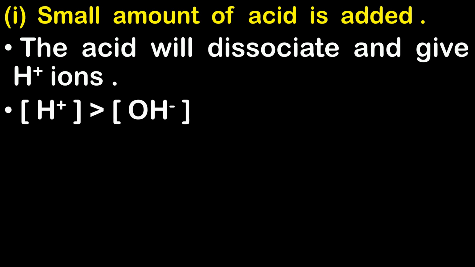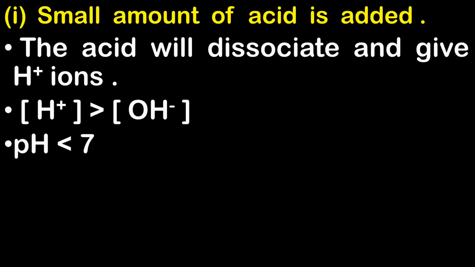Can I say that the molar concentration of H plus ions will become greater than the molar concentration of OH minus ions, and ultimately our pH value will also change and become less than 7.